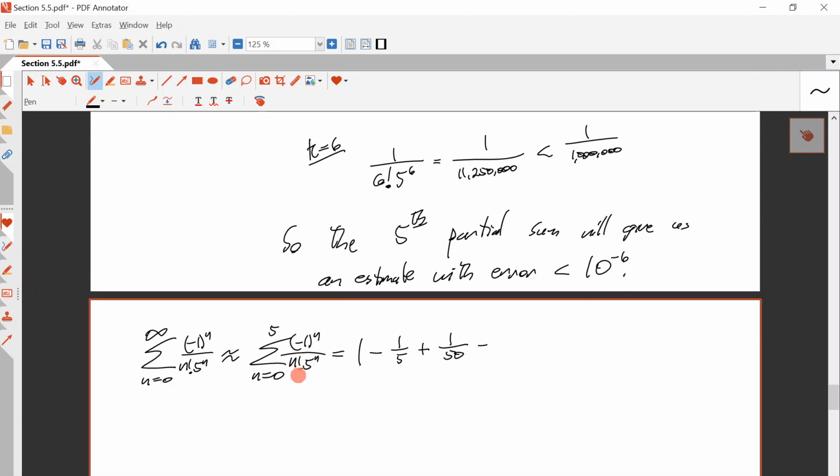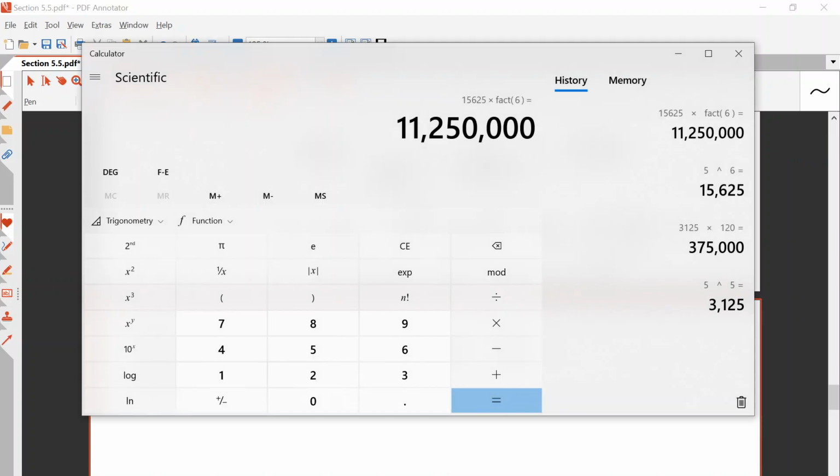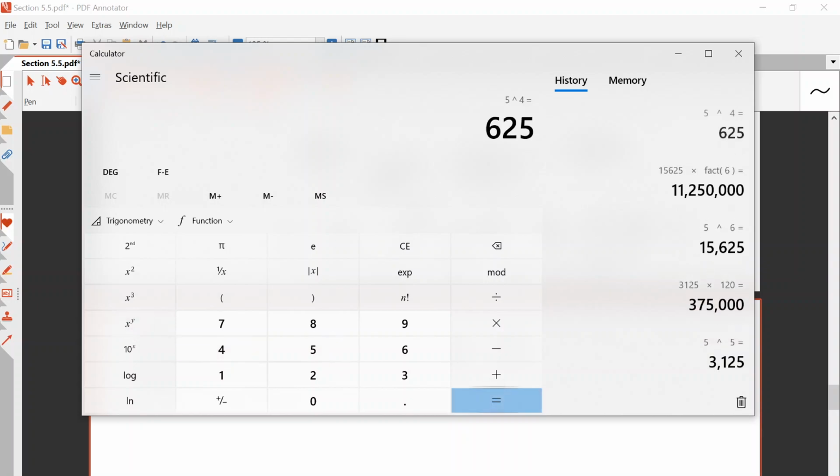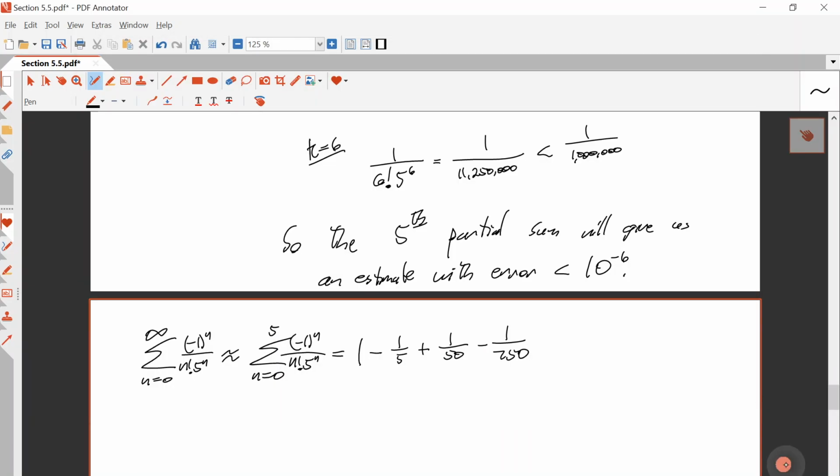At n equal to 3, so 5 to the third is 125, and 3 factorial is 6, so that's 750. And then for 4, five to the fourth times 4 factorial, 15,000.